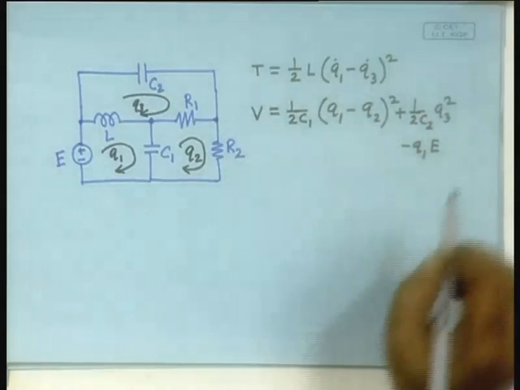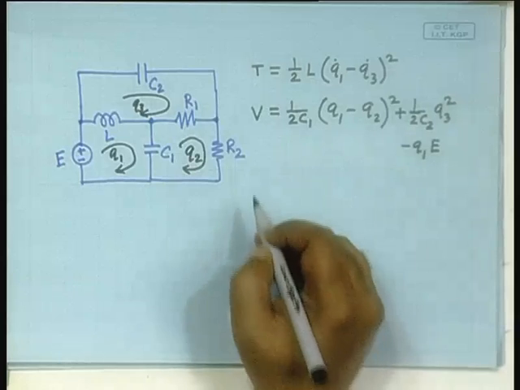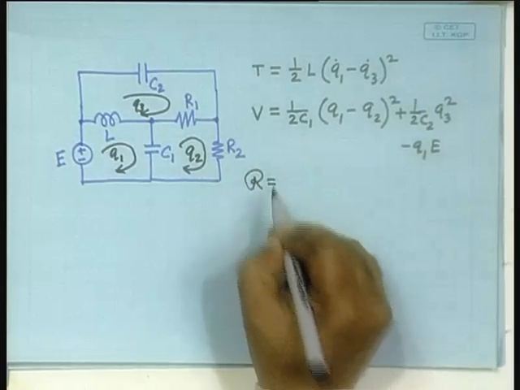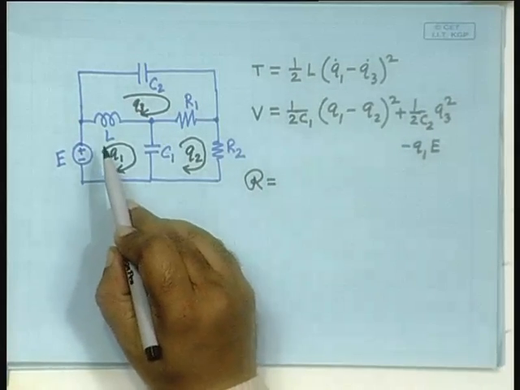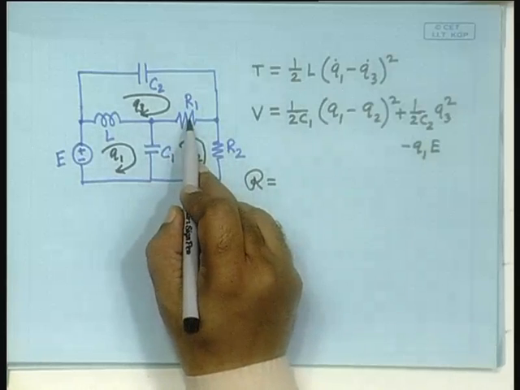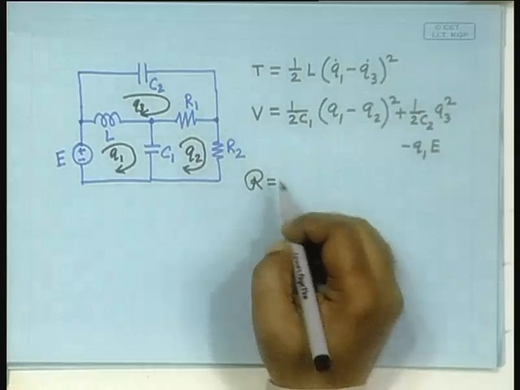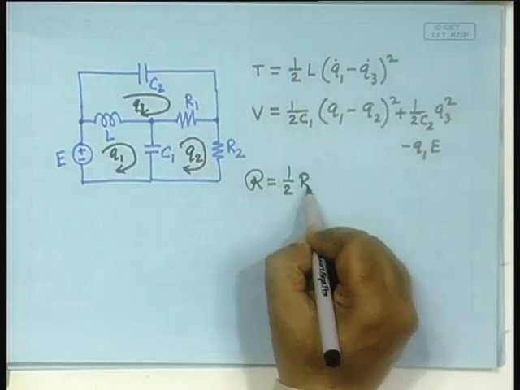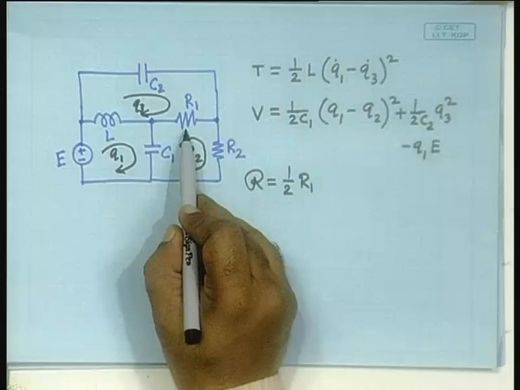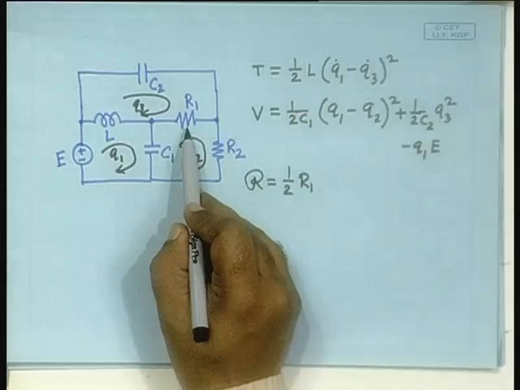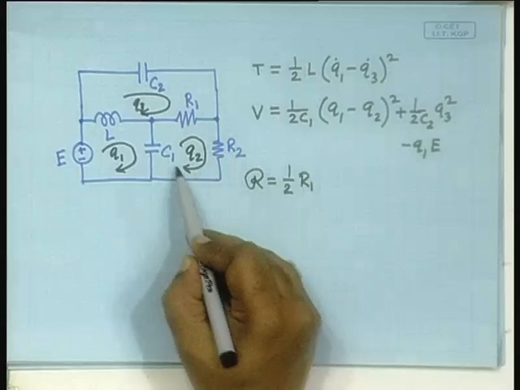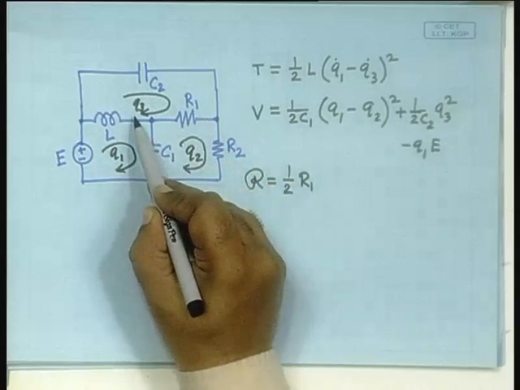So, that is the potential energy, and the Rayleigh function would be here. For this one it would be half R1, then I have to identify what are the currents flowing through this. It is Q2 dot minus Q3 dot, right.